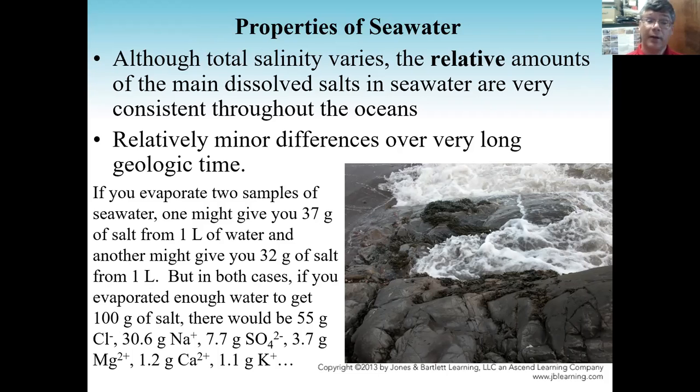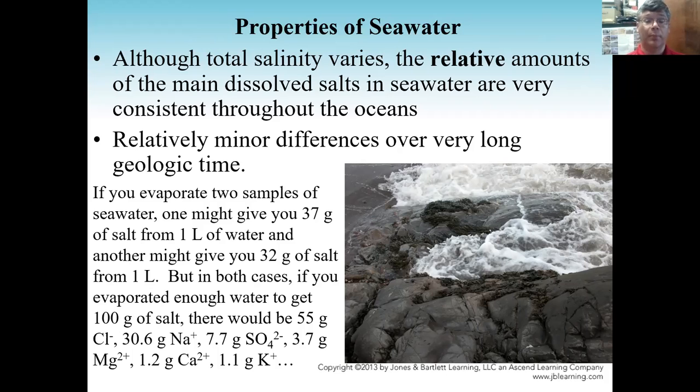What this means, again, if you had 2 different samples of seawater, 1 liter of it might give you 37 grams of salt from one place. Another place, you might get only 32 grams of salt from 1 liter of seawater, the rest being water.